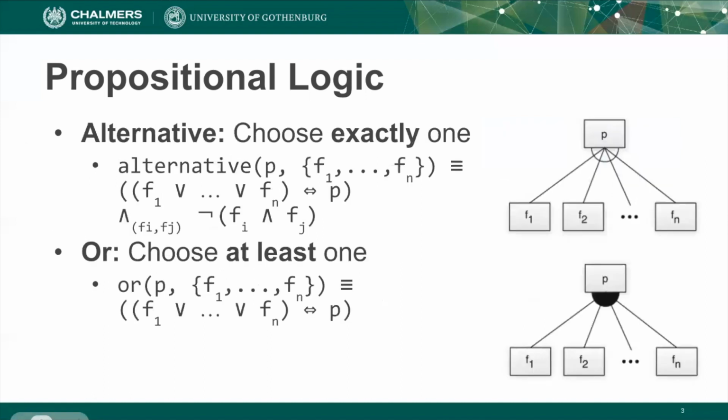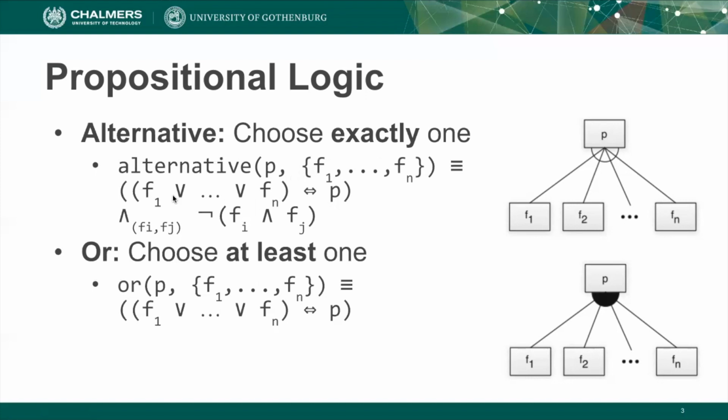The alternative constraint is that XOR choice: choose exactly one out of many. In propositional logic, the first parameter is our parent, followed by a non-empty set of child features, of whatever number of child features we have. When we map this in the propositional logic, this is a disjunction in which at least one child feature is selected when the parent is chosen.